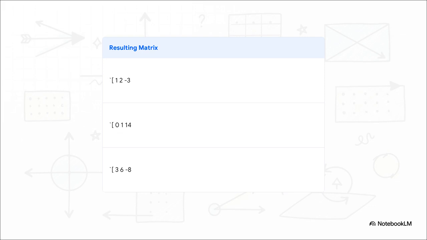Now we just rinse and repeat this simple process for the other numbers down in that corner, just chipping away at the puzzle. After a few more of those steps, we end up with this beautiful, clean, triangular shape. This is called row-echelon form. And the real magic? It's right there in that last row. If we put the variables back in for a second, it's telling us that 0x plus 0y plus 1z equals -1.